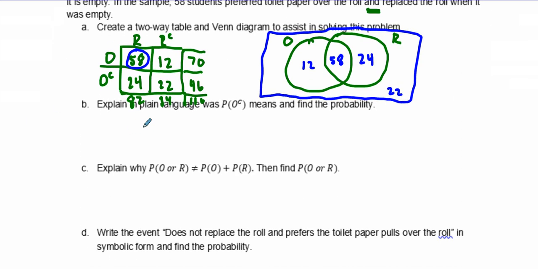The next thing is we want to explain in plain language what this means and find out this probability.